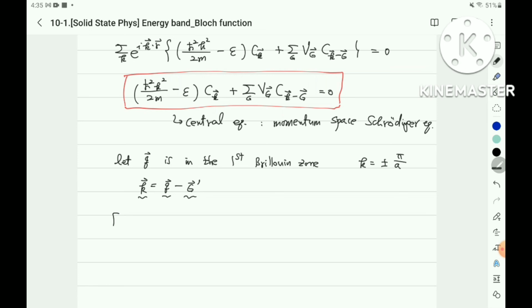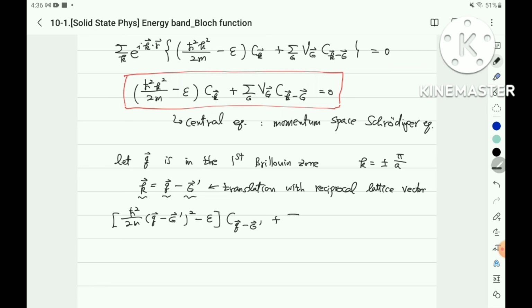Then from the central equation, it means that the translation with the reciprocal lattice vector is identical, so it should follow the same result: h bar squared over 2m times (q minus G prime) squared minus energy, times c_k, where k becomes q minus G prime, plus the summation over G of V_G c_k, where k is q minus G prime minus G, equal to 0.